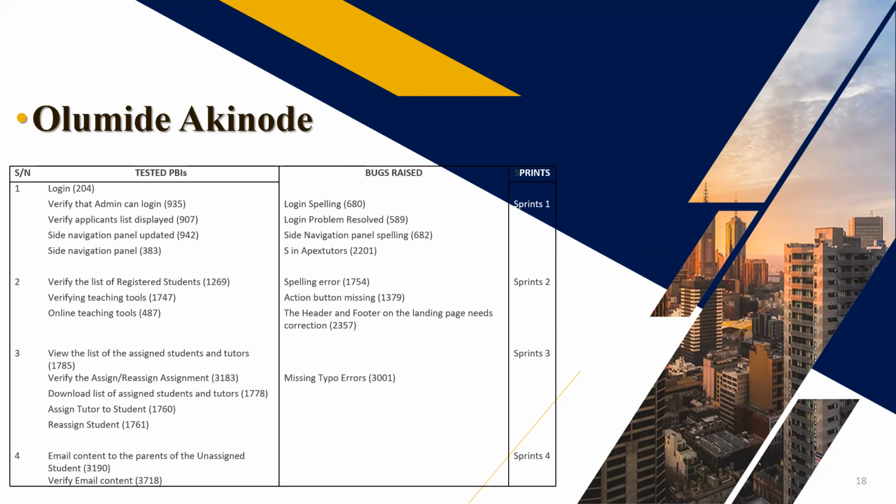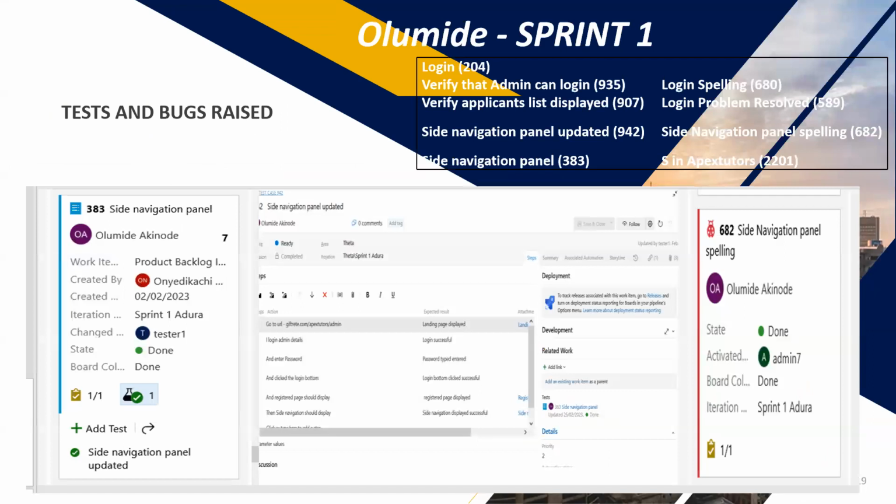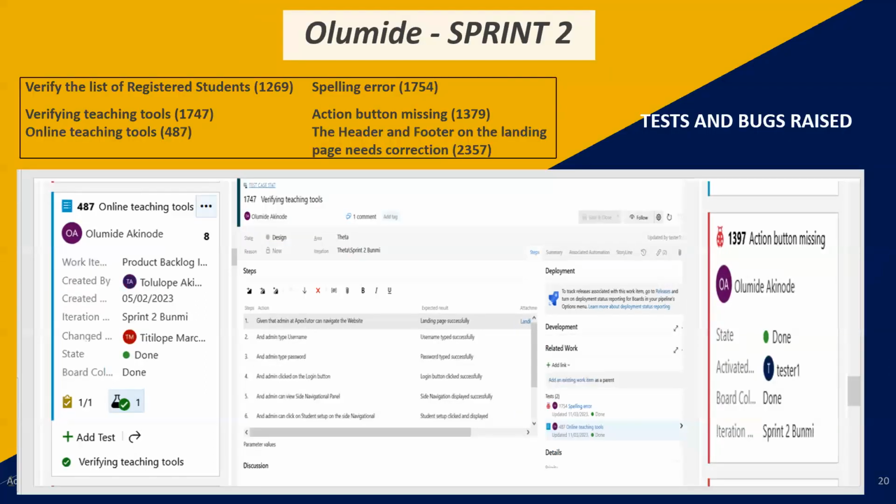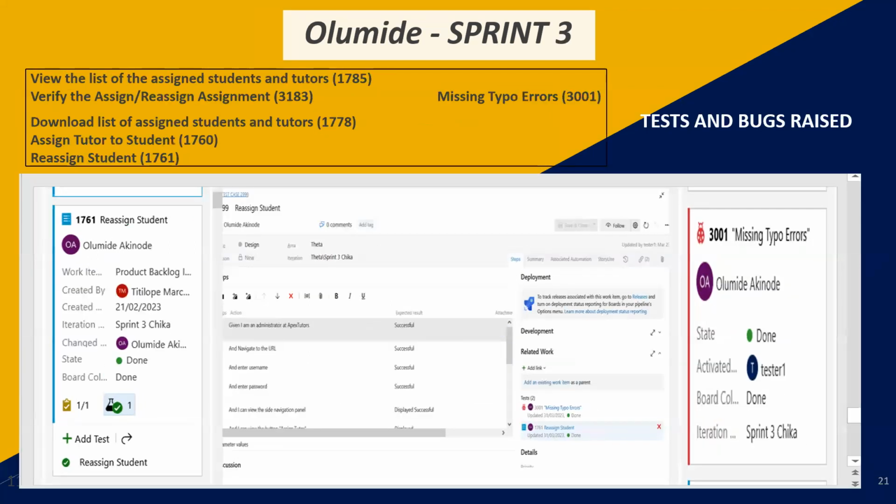So these are the PBIs that my colleague worked on, and he also went ahead to show the PBIs tested and the bugs raised in the first sprint, and going further to sprint 2, and then sprint 3, so that I don't take too much of your time.